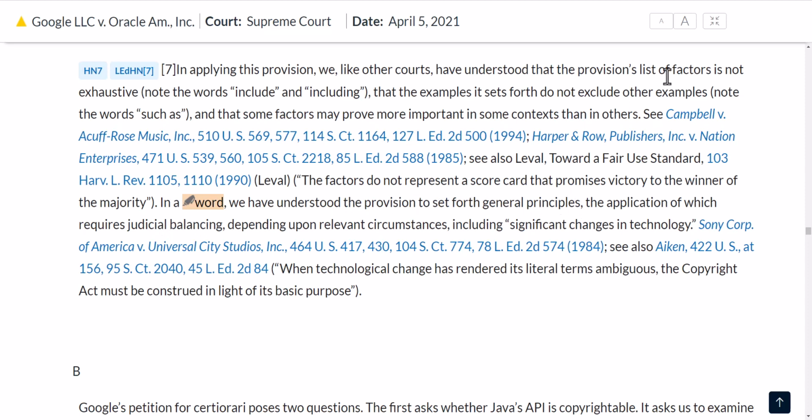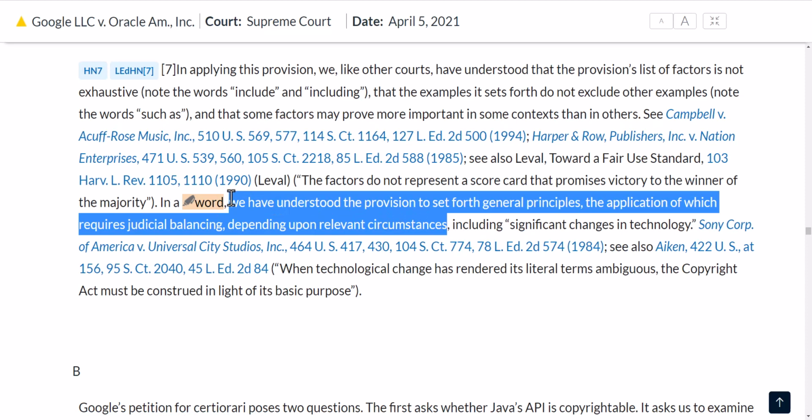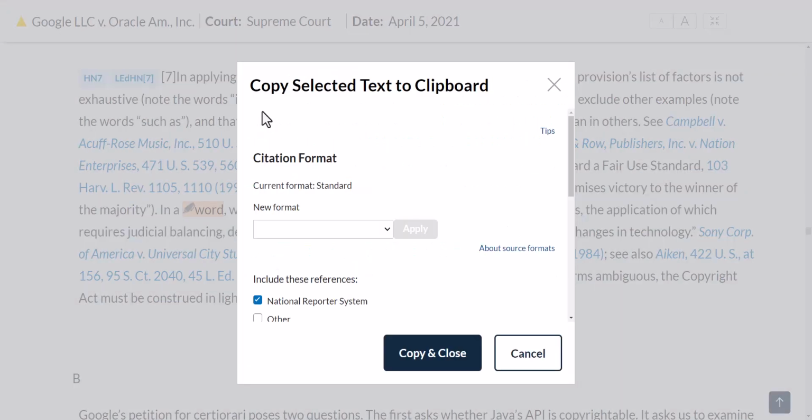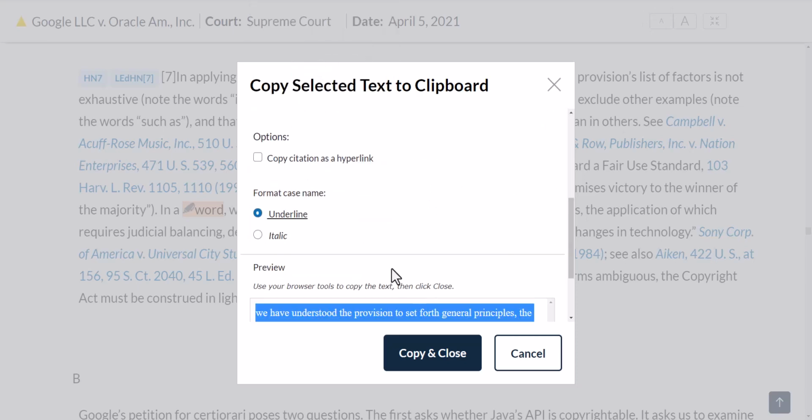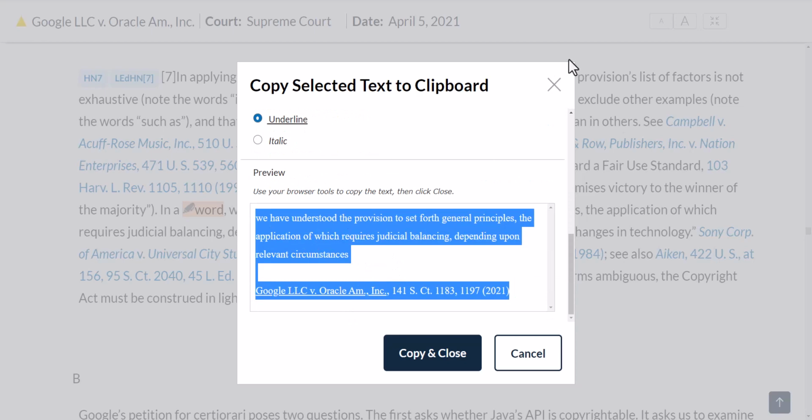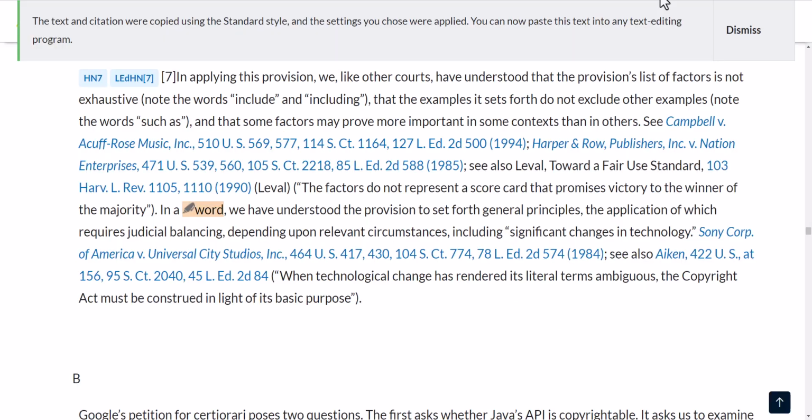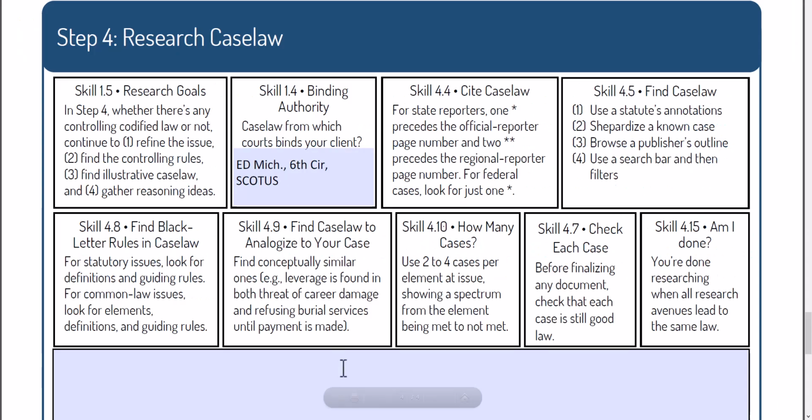This is one of those ancillary, secondary rules, but it goes to the nature of how you're supposed to balance these factors. So I'm going to grab this and use it in our case. Hold on one second. I will put this in my plan.